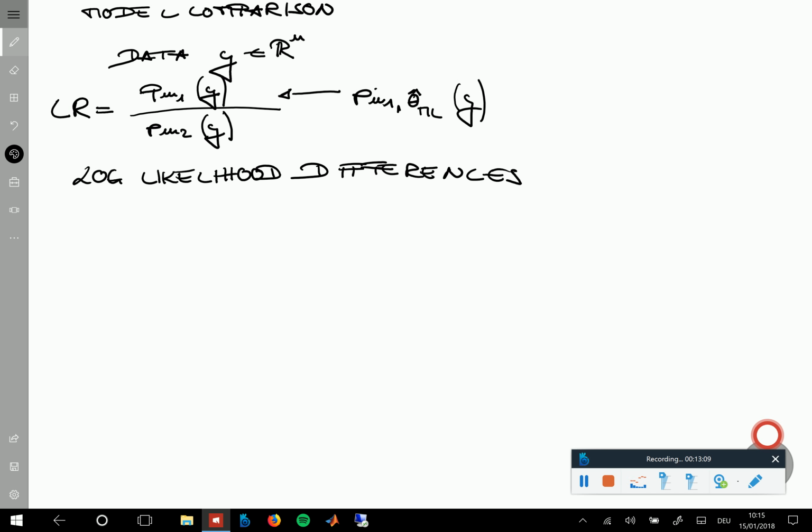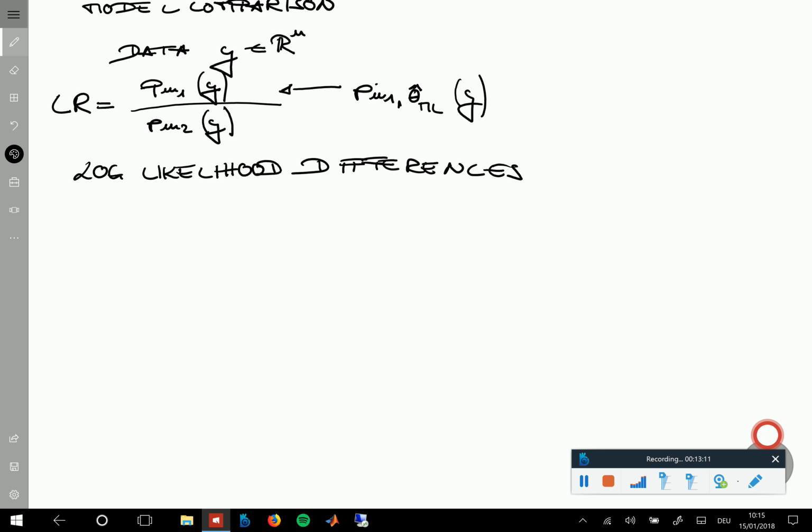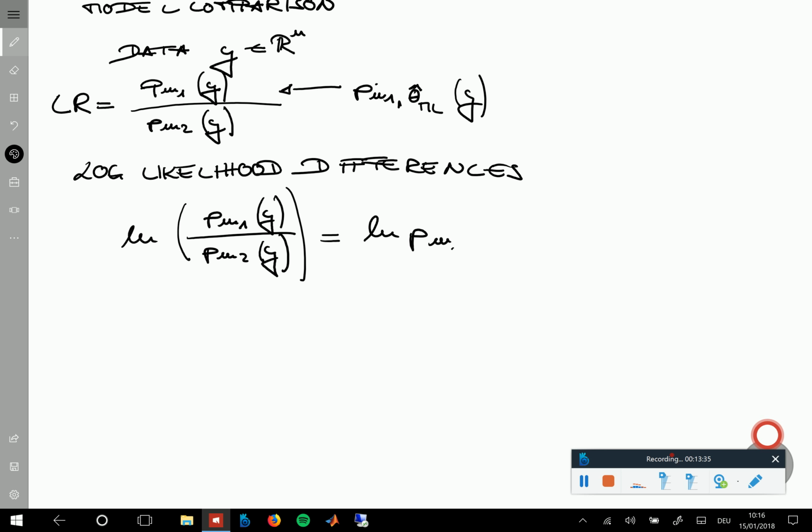And this is fairly straightforward. So if we have our likelihood ratio, let's again call that P1 divided by P2. If we now apply the logarithm to the whole thing, we get, of course, the log of this minus the log of this.